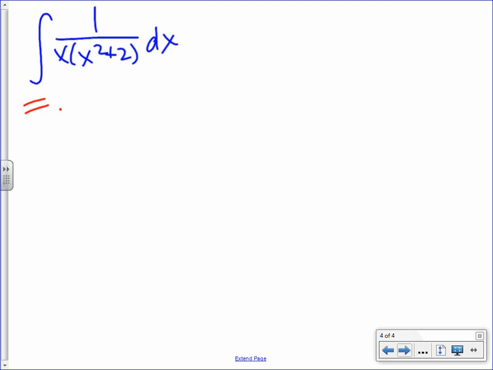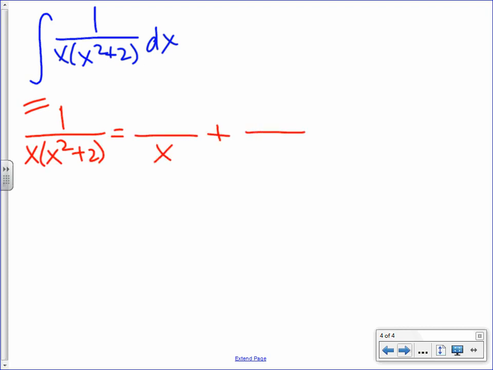We have another problem. Uh-oh, we got a quadratic, and now we got it out to Ex plus C. So, 1 over x times x squared plus 2 is going to be the sum of two fractions.